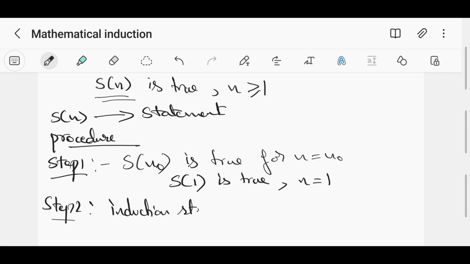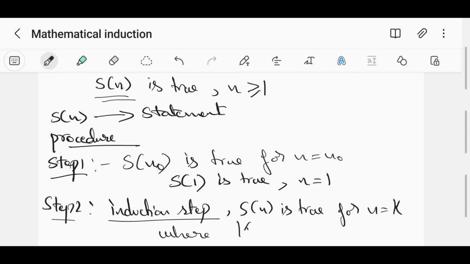Step 2 is also called an induction step. In this induction step, we will assume that S of n is true for n equal to k, where k is an integer greater than or equal to n naught. That is, previously if we have taken n equal to 1, here we say that k is some other integer wherein k is greater than or equal to 1.